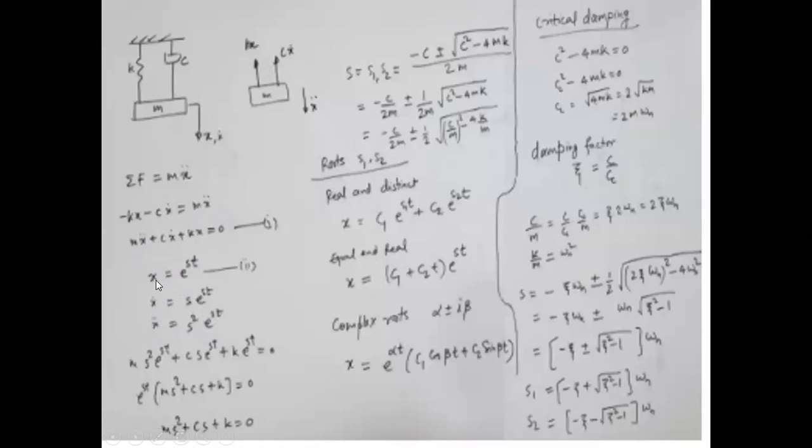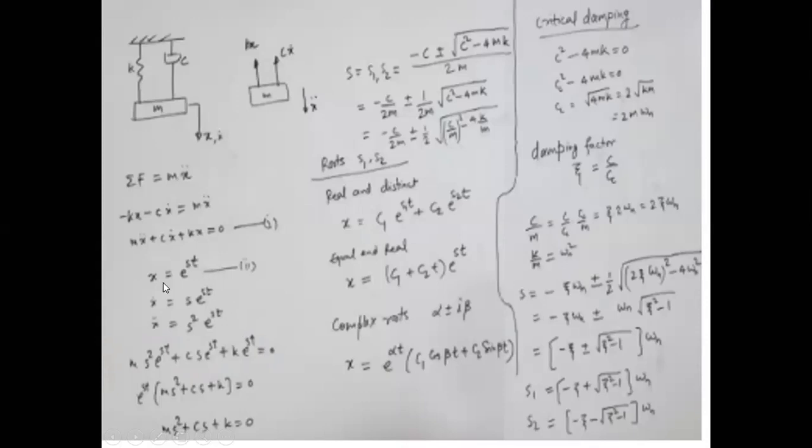Now substitute x, x dot and x double dot into equation 1. So it is m into s square e raised to st plus c into s into e raised to st plus k into e raised to st equal to 0. How this equation is obtained is very simple.